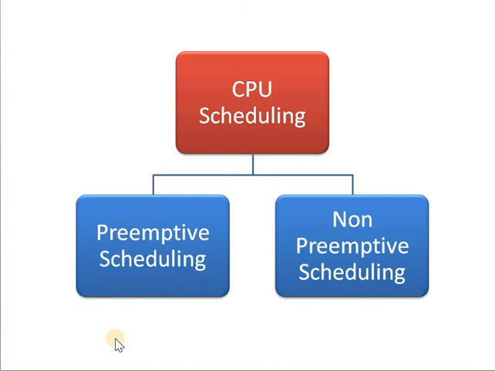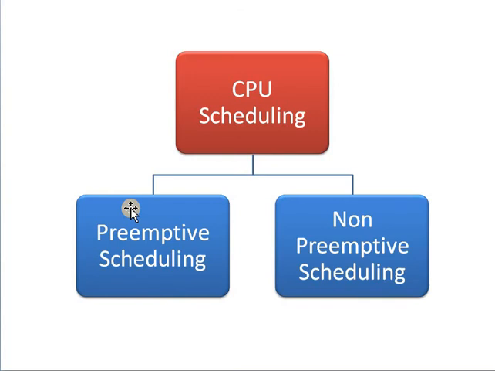In this type of scheduling, the tasks are usually assigned priorities. In preemptive scheduling, each process has its own priority. Here, the priorities are assigned to each task that is going to be executed in the operating system.